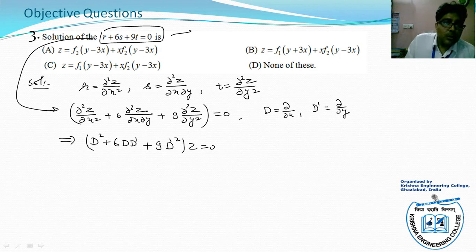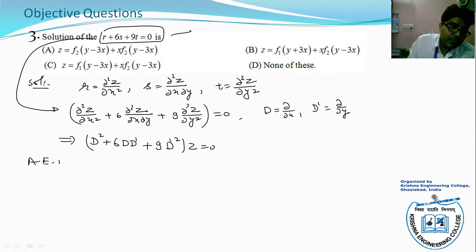Clear? So for finding the solution, first of all we find the auxiliary equation. In this case, put D is equal to m and D' is equal to 1.